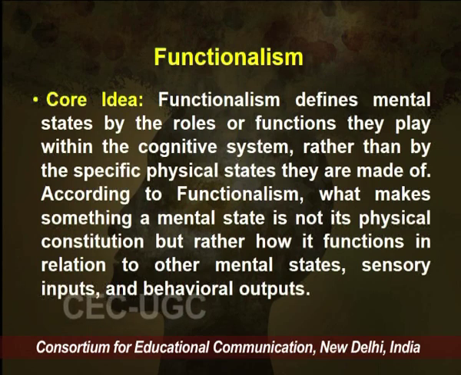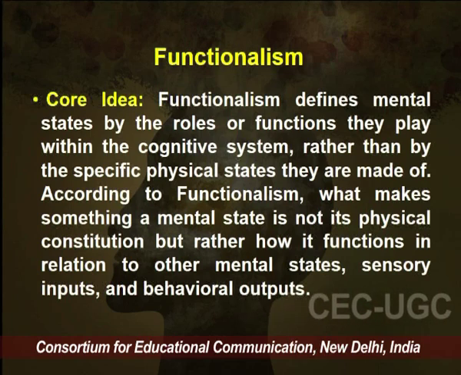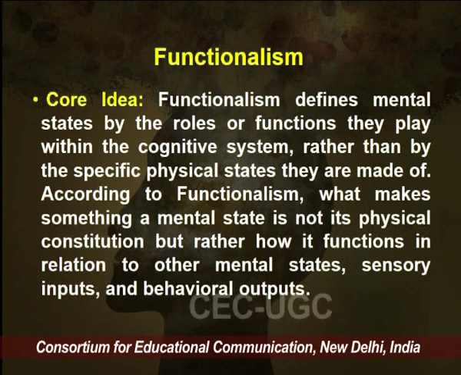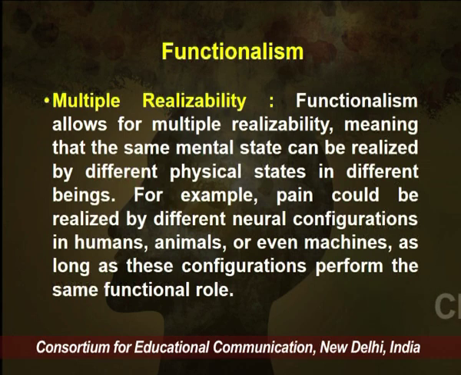According to functionalism, what makes something a mental state is not its physical constitution, but rather how it functions in relation to other mental states, sensory inputs and behavioral outputs. Multiple realizability. Functionalism allows for multiple realizability, meaning that the same mental state can be realized by different physical states in different beings.